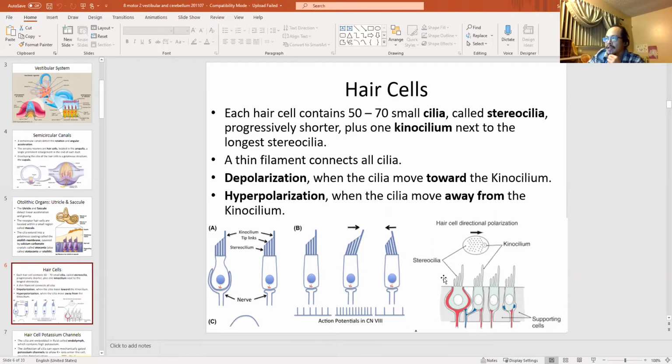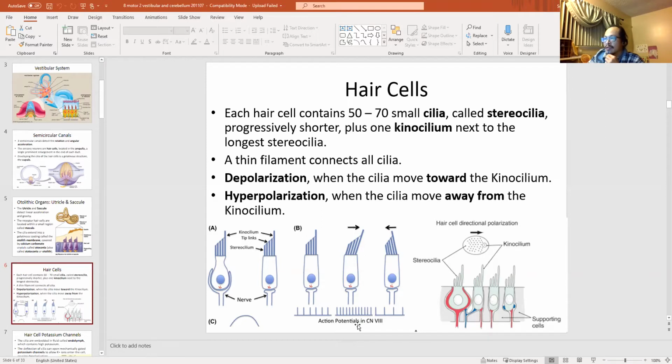When the bending is toward the kinocilia, it will cause depolarization. And by doing depolarization, it will release neurotransmitter. These neurotransmitters are glutamate, the major excitatory neurotransmitter. So you can see that the more neurotransmitter, the ganglion cell will send out more action potentials.